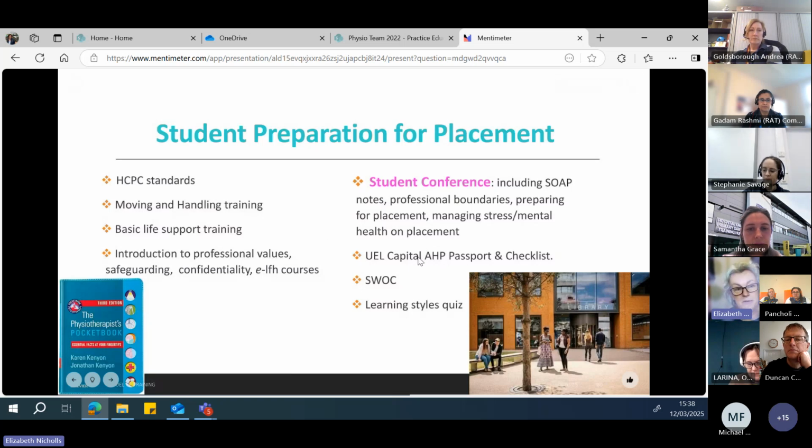We also now engage with this thing called the UEL Capital AHP Passport. It is a document that the students prepare for themselves, and it basically is a tracker of all the experiences that they go through over their three years' worth of placements. It's where they document things like their DBS, their occupational health outcomes, and any specific learning needs that they might have.